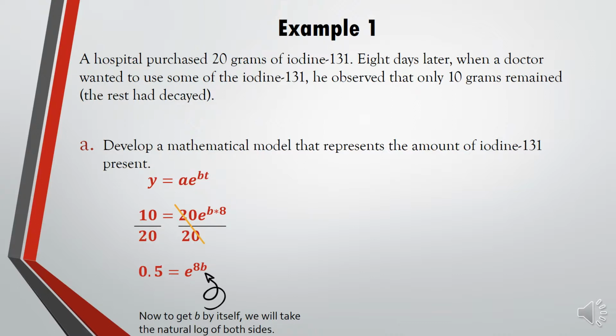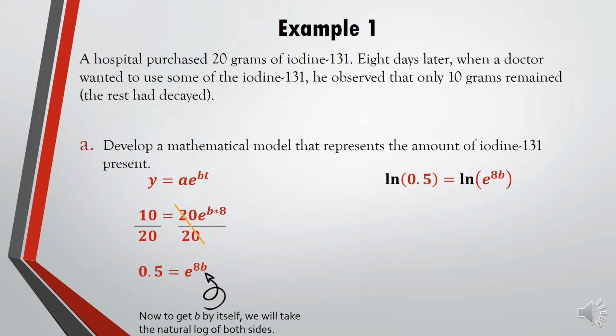And the reason that we use the natural log is natural log and e are inverses, so they're going to cancel each other out, and that's going to make everything work out really nicely for us. So let's take the natural log of both sides. All right, so natural log of 0.5 equals natural log of e to the 8 times b.